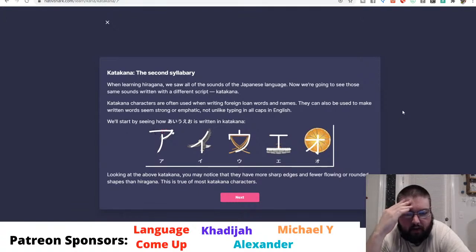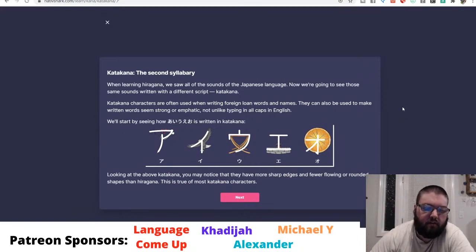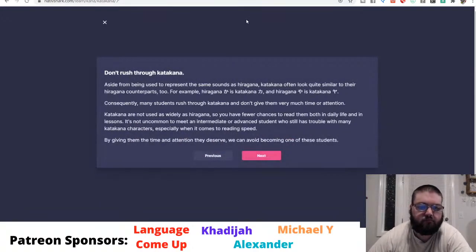Looking at the above katakana, you may notice that they have more sharp edges and fewer flowing rounded shapes than hiragana. This is true of most katakana characters. Aside from being used to represent the same sounds as hiragana, katakana often look quite similar to the hiragana counterparts too. For example, hiragana ka is katakana ka, and hiragana ya is katakana ya.